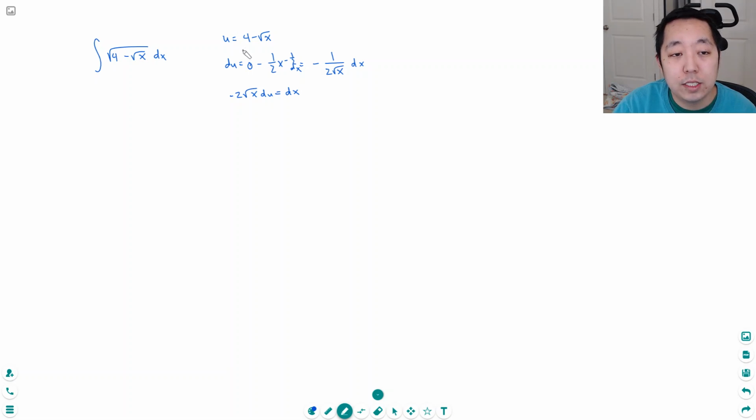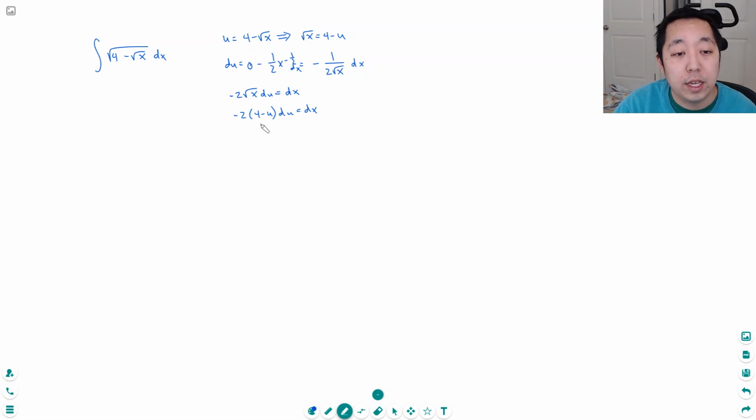Well, I can solve for the square root of x by rearranging this equation. I would have square root of x is equal to 4 minus u. And so I can plug that into here and get negative 2 times (4 minus u) du is equal to dx.